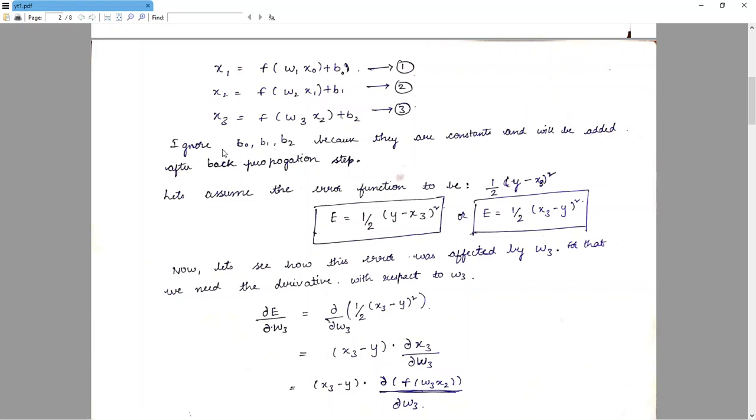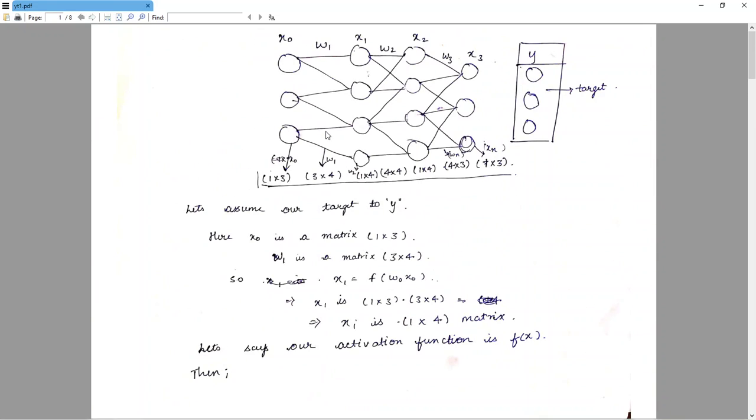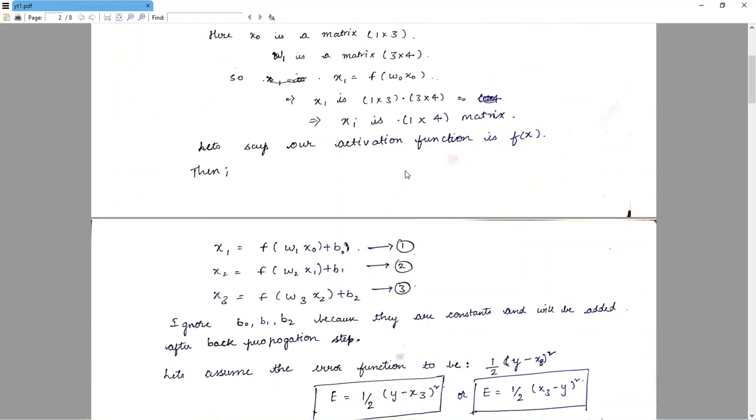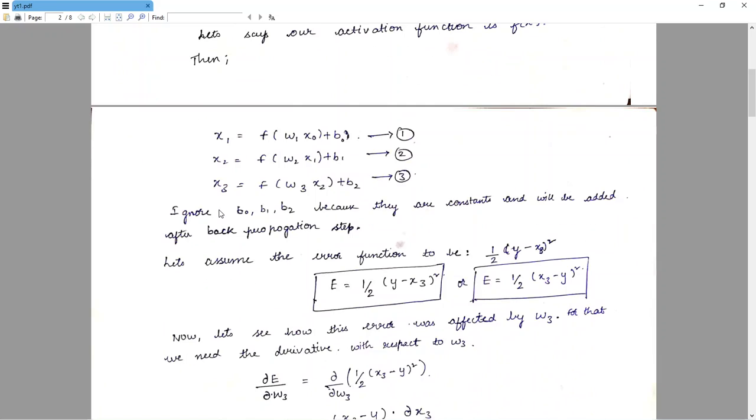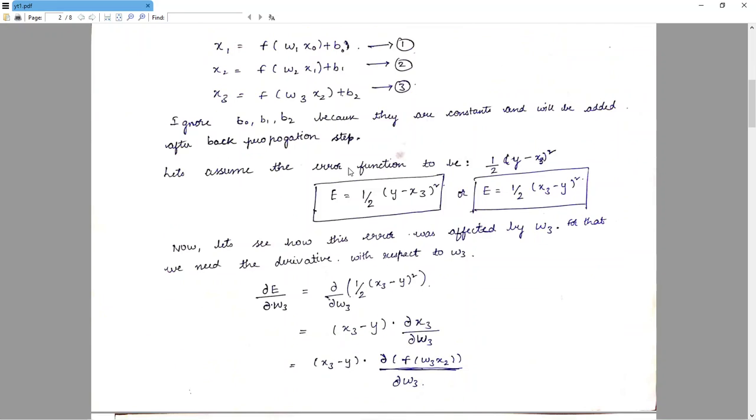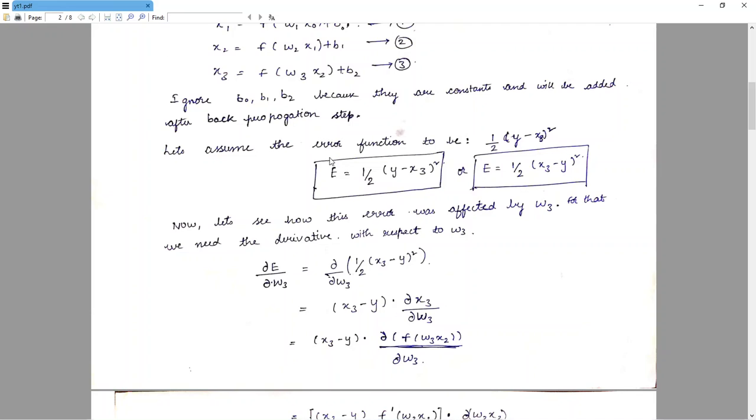Now you should ignore b0, b1 and b2 because these are biases and we don't update them during this back propagation method, so it's unnecessary. Even if we include them, when we differentiate they will be gone anyway because they're constants, so better to avoid them so that it's simple for us.